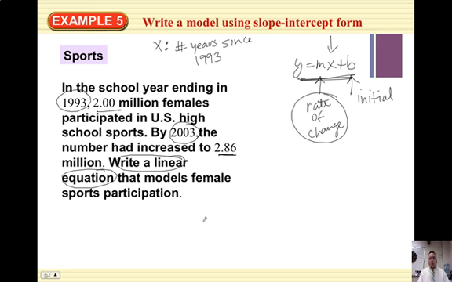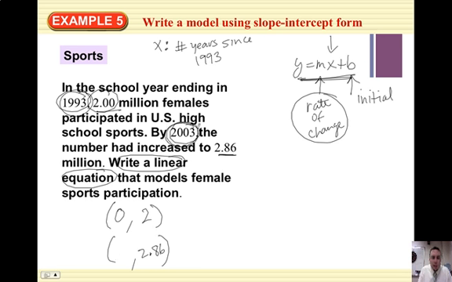So here we go. It actually gives us two coordinates. 1993, 2 million, but we don't use 1993. That's our beginning. So that's 0, 2 million females. The other one is 2003, 2.86 million females. But what is this number actually?